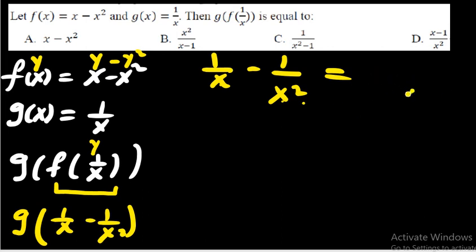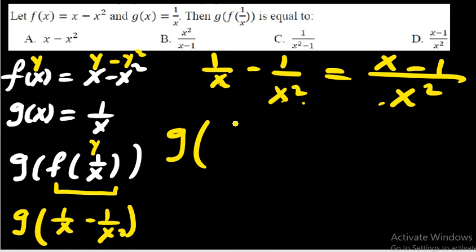Then we take x squared as LCM, then divide x squared by x. When you divide x squared by x, x remains, times 1 will be x, minus, and x squared divided by x squared is just 1, 1 times 1 will be 1 remain. So we have x minus 1 over x squared. We almost finished this part.